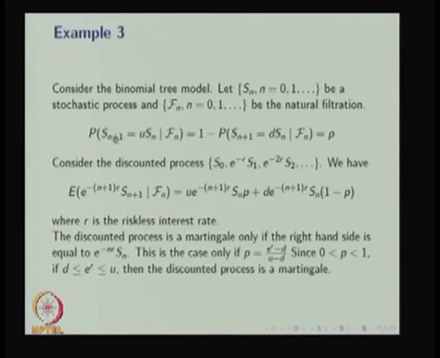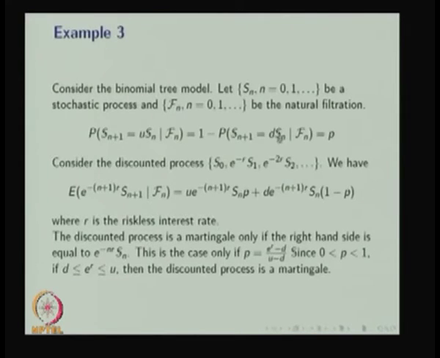Define the probability of S(n+1) equal to u times Sn given Fn as P, and the probability of S(n+1) equal to d times Sn given Fn as 1 minus P, where u and d are the next values of Sn with the probabilities P and 1 minus P respectively.